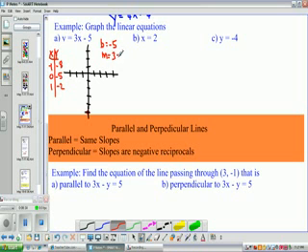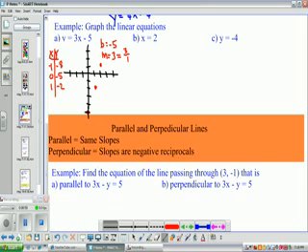So that means for every 3 it goes up, it goes over 1. So 1, 2, 3 over 1. 1, 2, 3 over 1. And you can keep going. You'll notice here I get the same point, the 1, negative 2, as I did with the table.